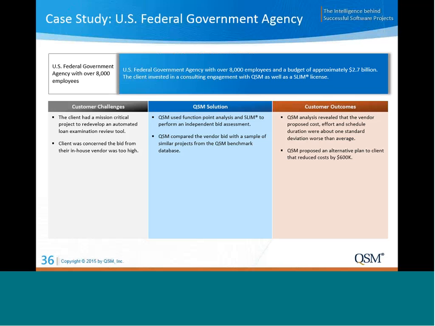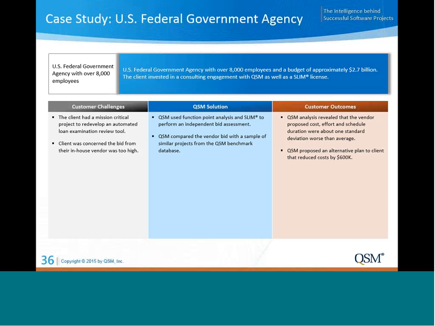It kind of felt like they thought it might be too high, but they had no way to really independently verify that. So we went in and we used a method called function point analysis to do an independent size estimate, and then we did an independent estimate in SLIM, and then we modeled their bid and compared it with a sample of similar projects from our benchmark database.